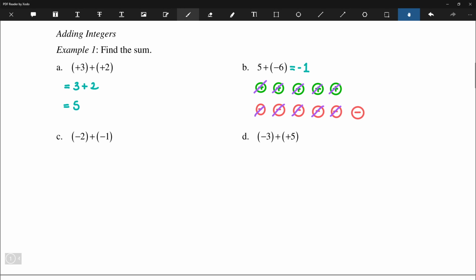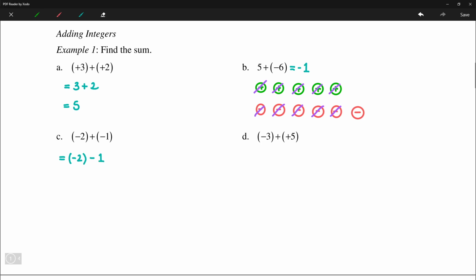Okay. So something else that you may have seen before is to consider the adding of a negative integer to be just subtraction. So we have in example 1C, -2 plus -1, which is the same as -2 minus 1.